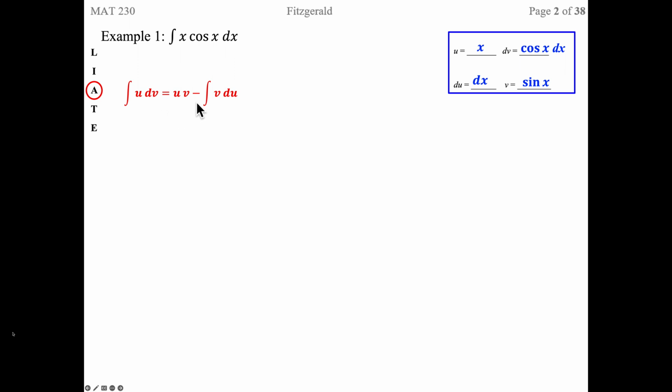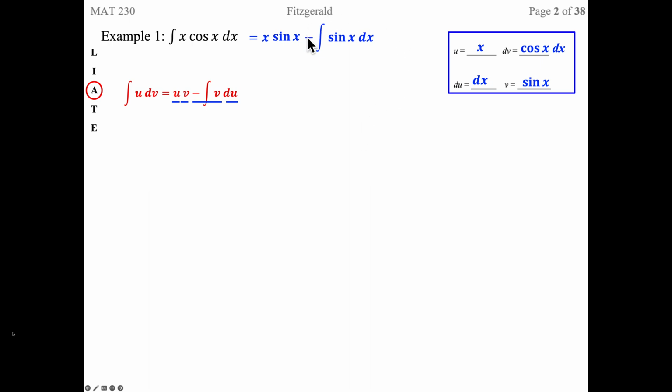So what we're going to do is come over here and rewrite this part right here. My u, that's the x. My v, that's the sine of x. Minus the integral of v, sine of x, and then my du, which is just the dx.